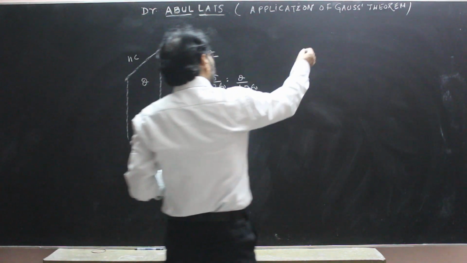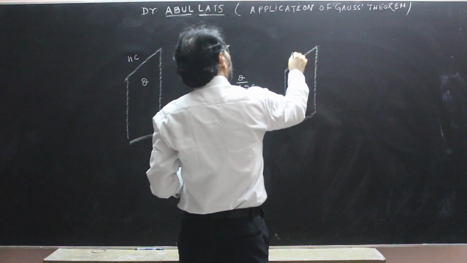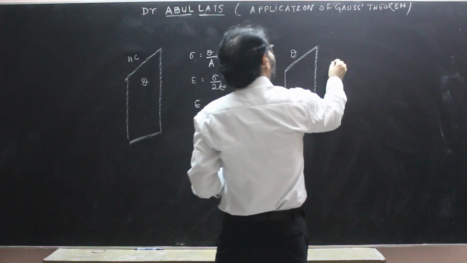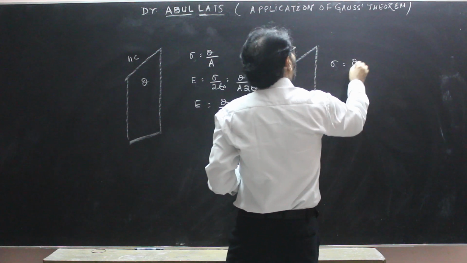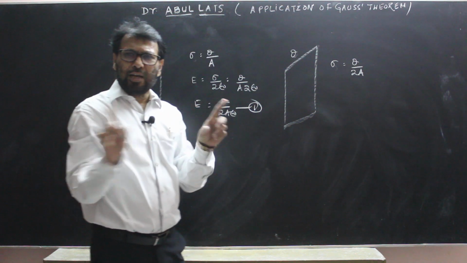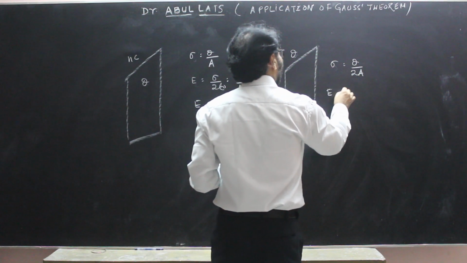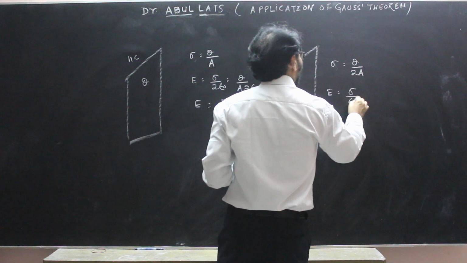If it is conducting and given a charge Q, here the sigma will be Q by 2A, because charge will go on both sides of the conductor, and the electric field is sigma by epsilon naught.